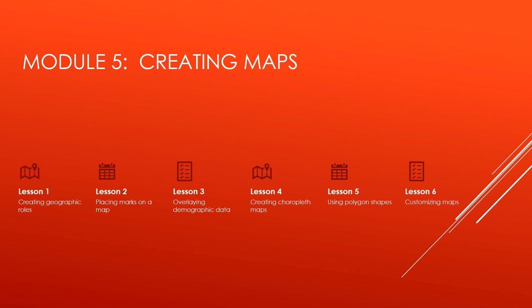We moved on to overlaying demographic data. So you learned how to add background layers to a map and to save them as a default for all future maps that you might create in the workbook. You learned how to address the address unknown flag in the bottom right of the map. We did that by filtering.